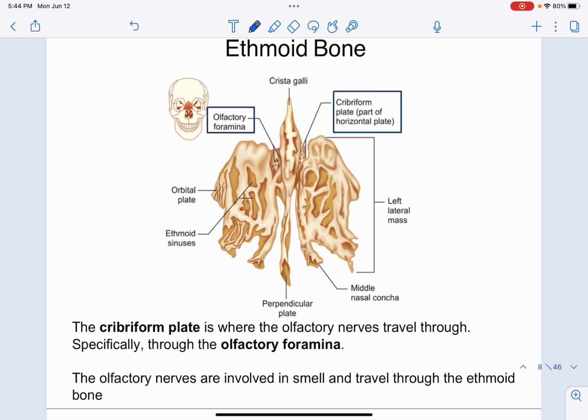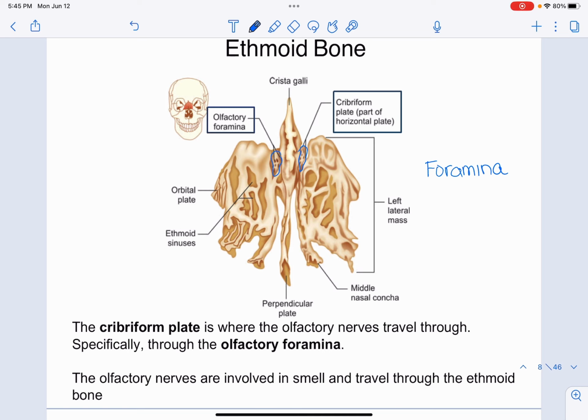So there are two important features here that I want to highlight. The cribriform plate and the olfactory foramina. Okay, foramina is plural for foramen. So they are tiny little holes. So the plate is this whole area right here and right here. That is the cribriform plate.